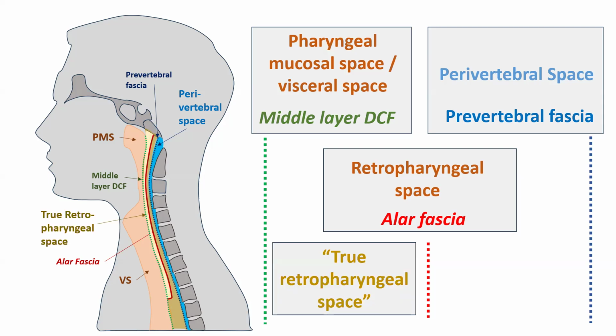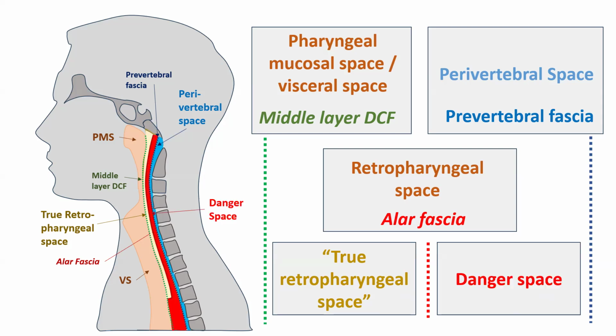Anteriorly, we have what I will call the true retropharyngeal space, and this space basically ends somewhere between the first and the sixth thoracic level. So I said here, let's say at the third thoracic level. And then posteriorly, we have what is called the danger space.